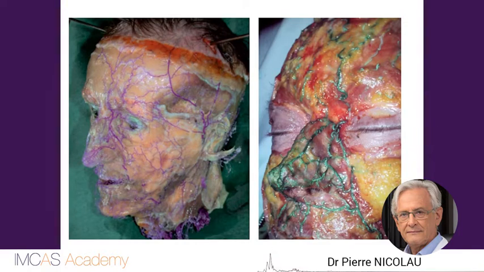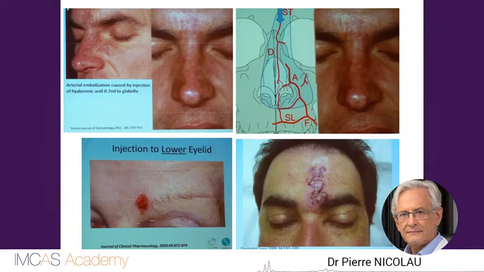And this is due to the extreme richness of the vascular anastomosis, as you see here from the facial artery, sending branches to the lip, this complete circle around the nose, and also all the anastomosis you get at the glabella, but also from the temporal region across the forehead, rejoining this area, which means that any intravascular injection anywhere in the facial territory, even from the temple, can lead to a problem close to the midline or even inside of the eye.